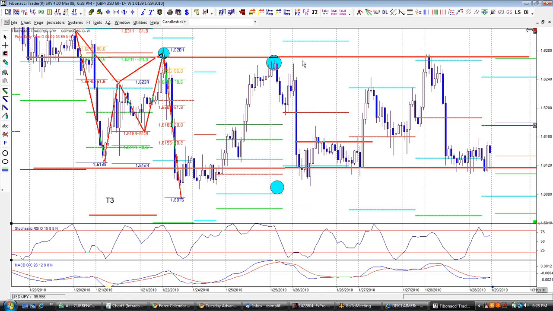You will see this a lot of times when markets are consolidating, and you can take very, very good profits of consolidating markets. And a lot of people have huge problems trading consolidation.